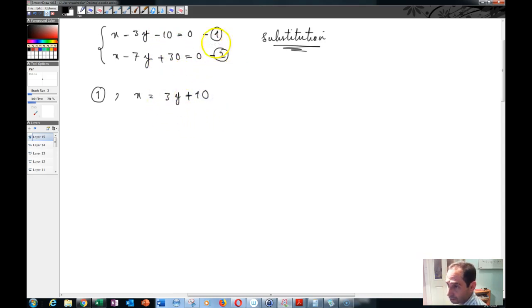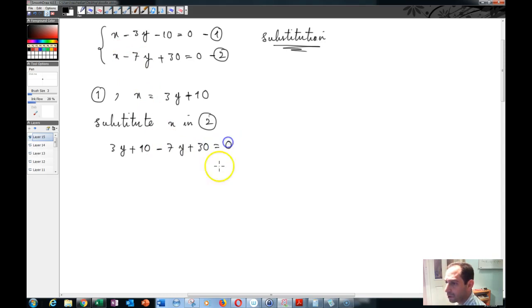Okay, and basically then you can substitute X in number 2. You will get 3Y plus 10 for X minus 7Y plus 30 is equal to 0.